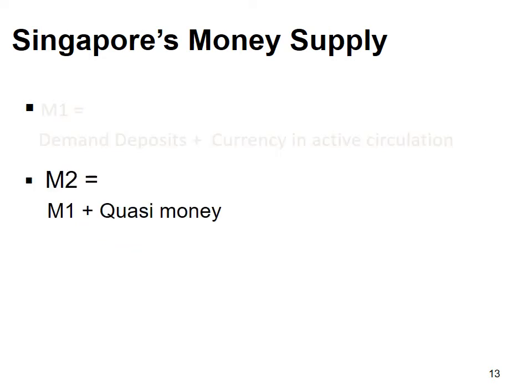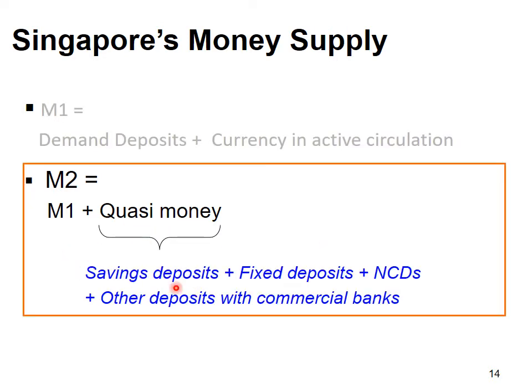Now M2 consists of M1 plus quasi money. Quasi means half real, half not real. So what is quasi? Quasi money refers to all the various deposits that are available in the bank: savings deposits, fixed deposits, NCDs, which we'll explain in a short while, and other deposits with commercial banks.